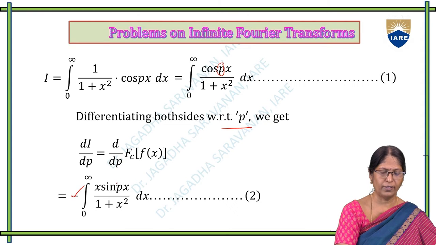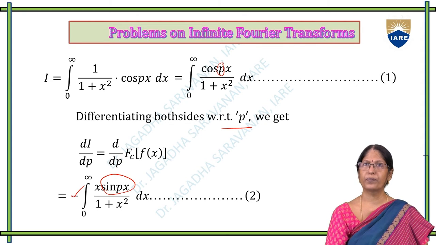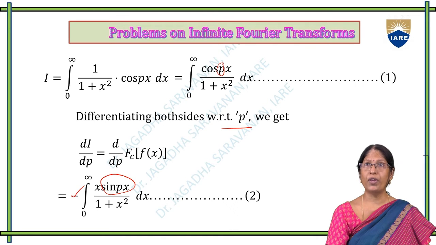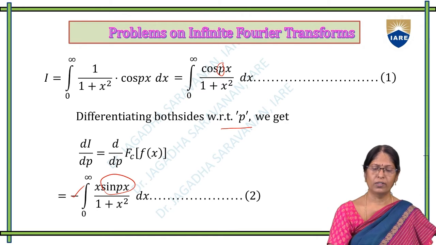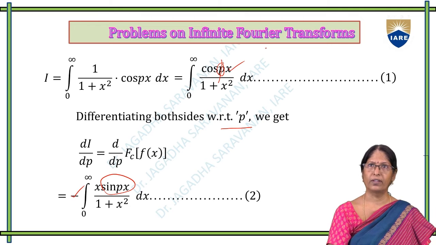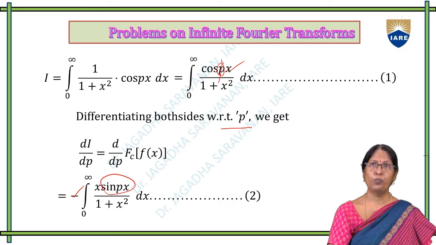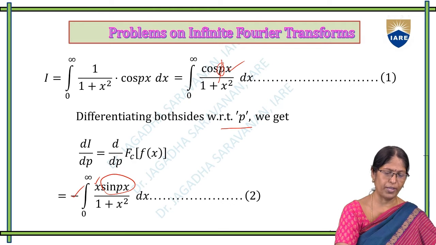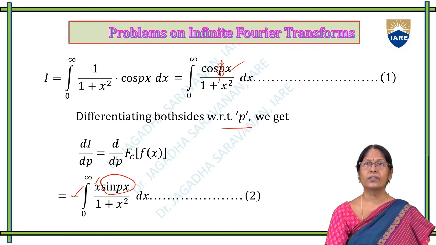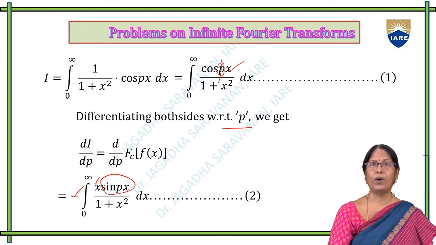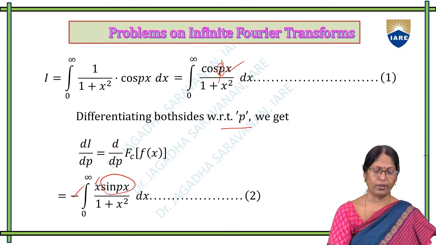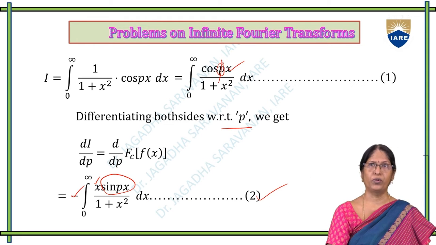So here, minus sine px. The coefficient of p we want, so we have to leave p and the remaining is x. So this is the differentiation; the coefficient is written under multiplication, that is, x into sine px divided by 1 plus x square dx. We label this as equation 2.